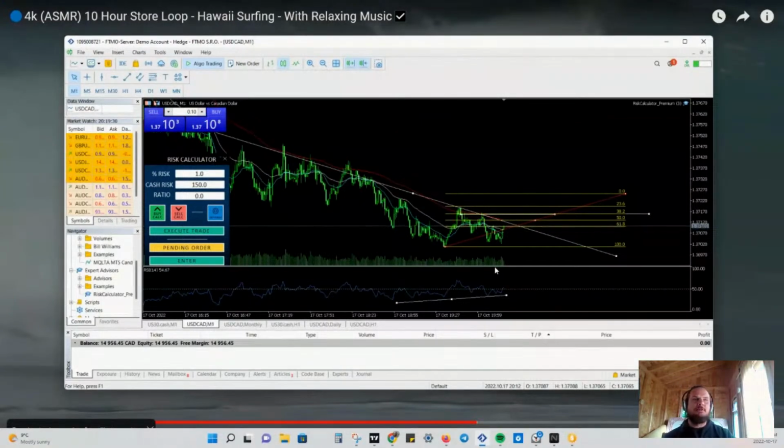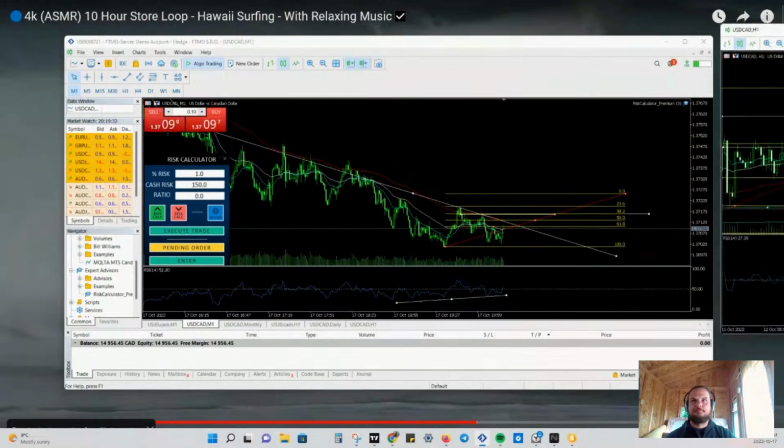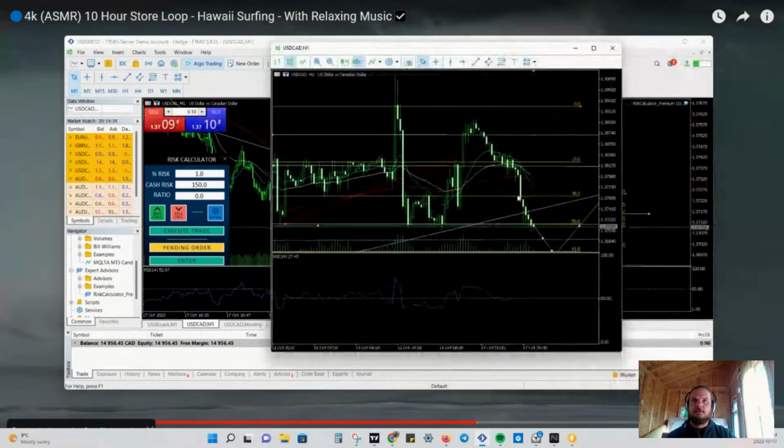Sellers look like they're losing steam on the hour. You can see here lots of sell pressure, but then buyers push, and then we got this little candle just started the hour. This closes up here.